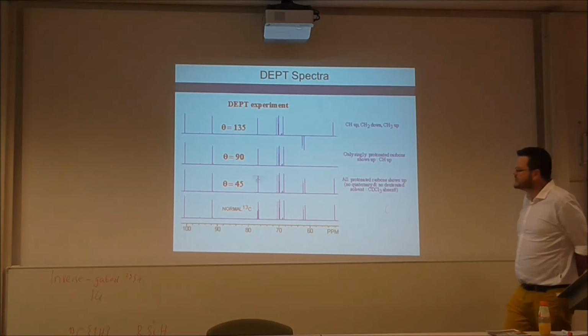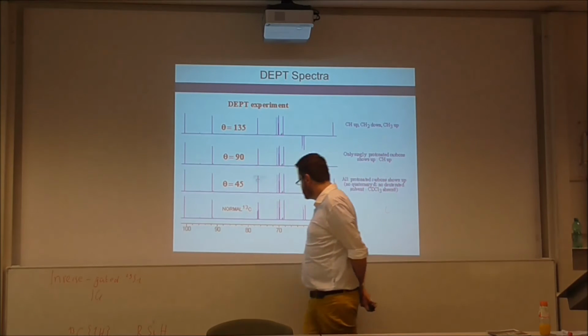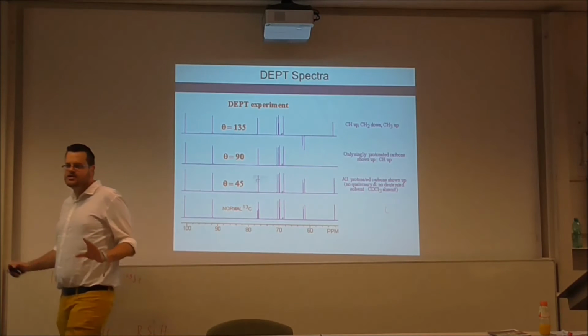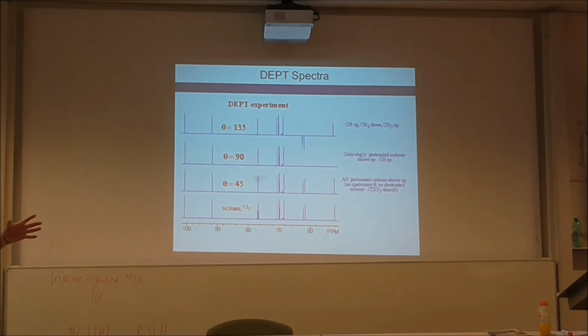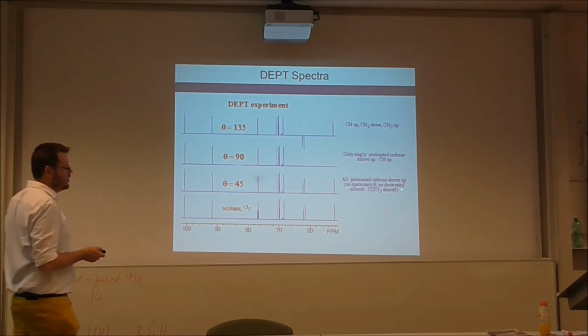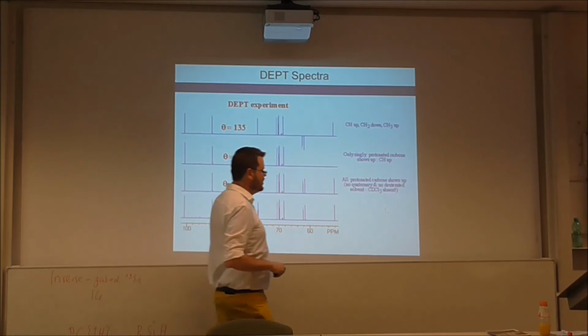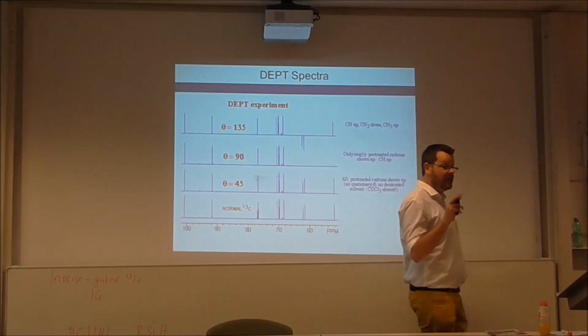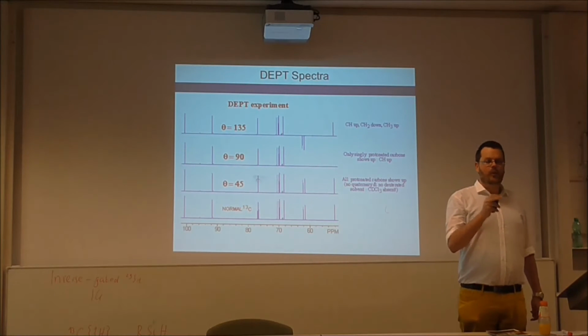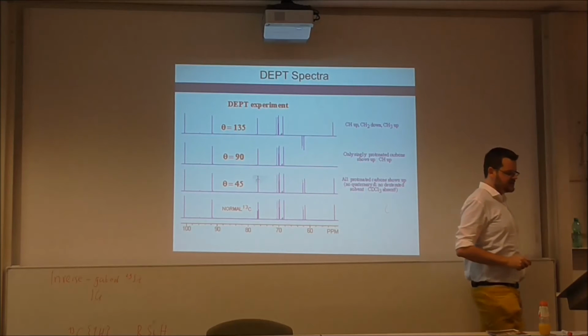Well, basically all protonated carbons, right? You will see all protonated carbons. So any carbon atom that contains a proton, a J1 coupling to a proton. You won't see quaternary carbons, and you won't see the deuterated solvent. Now that's very useful.